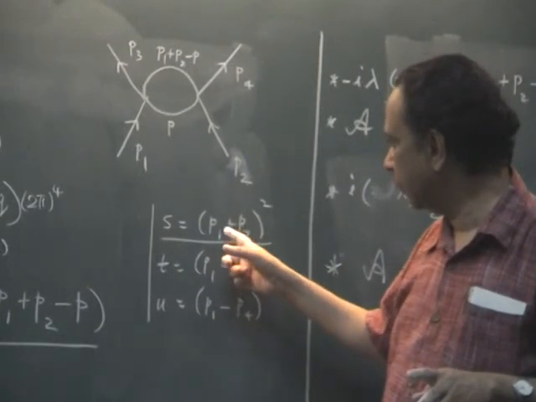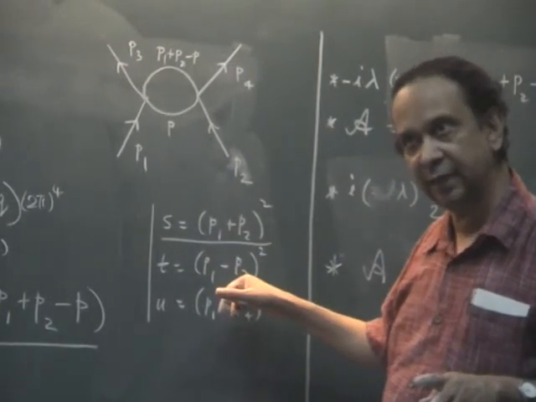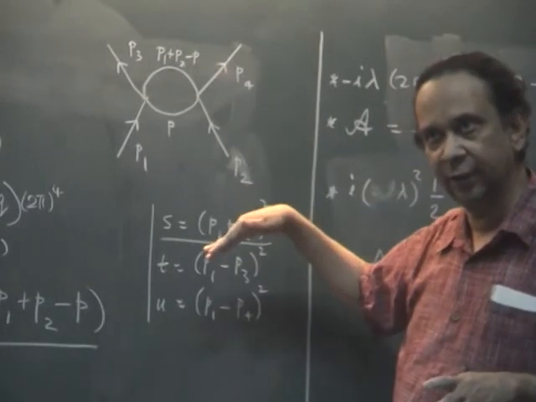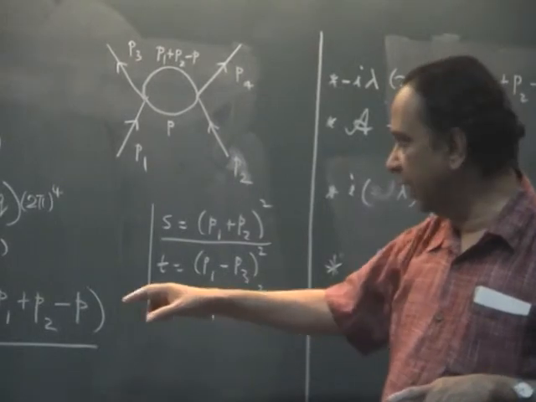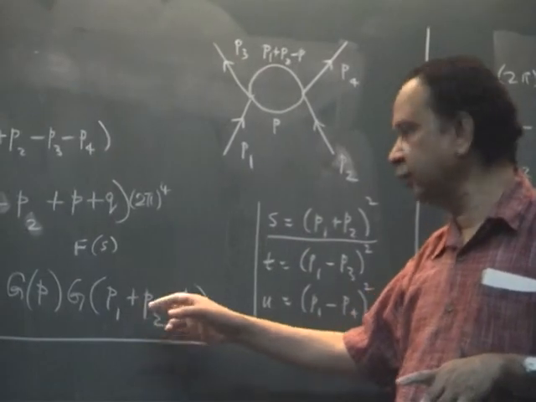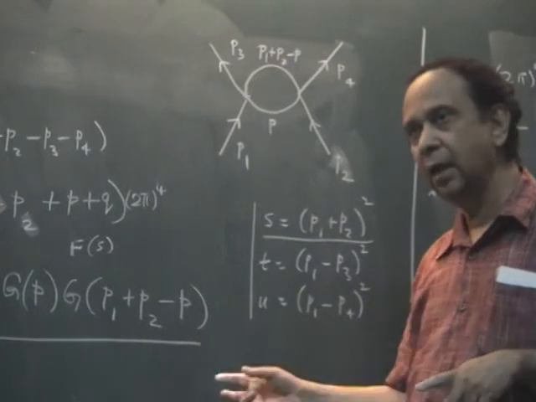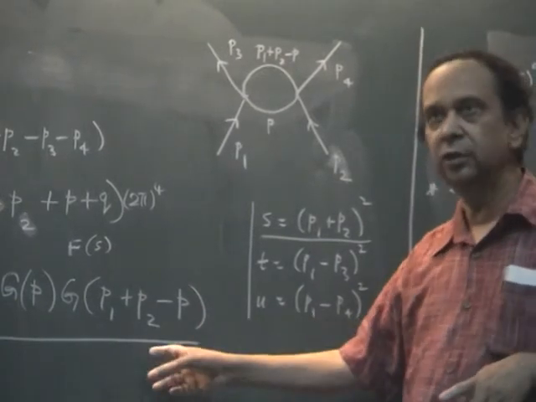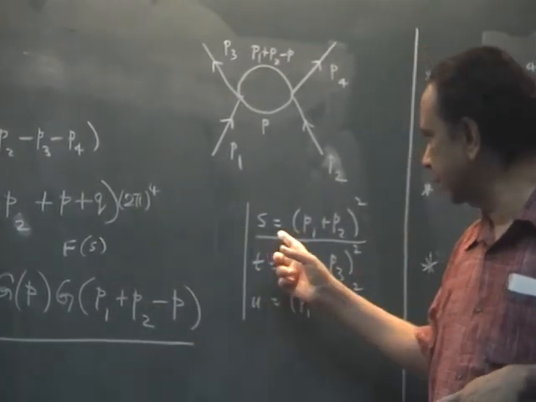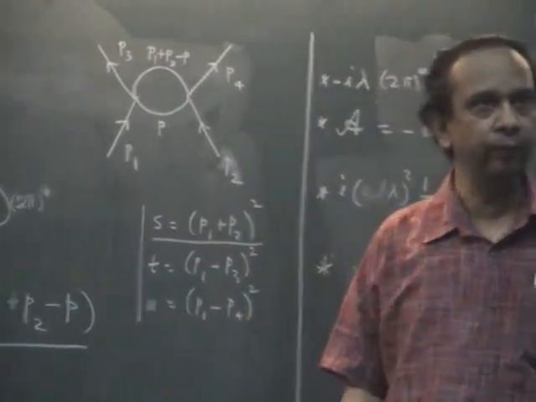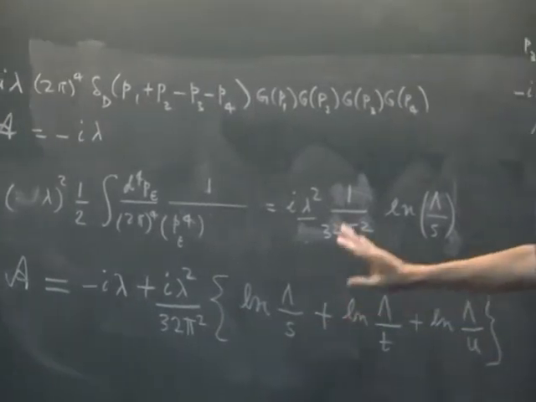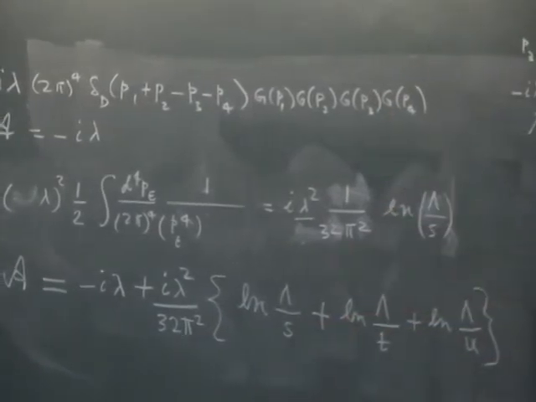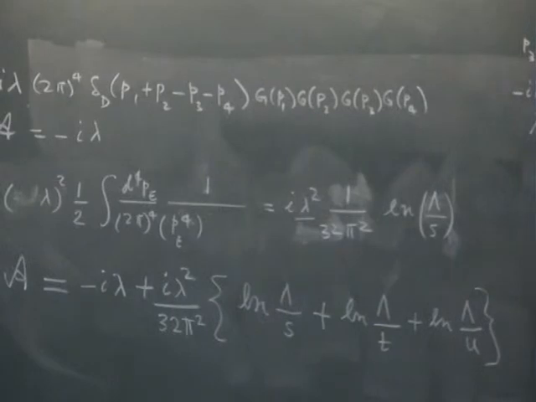That will lead to P2 being replaced by minus P3, because outgoing is being replaced by ingoing, or by minus P4. So the only difference is that instead of P1 plus P2, I would have got P1 minus P3, or P1 minus P4. So I will get the same answer with s replaced by t or u. So this is what we have, and as advertised it is infinite, because we are supposed to take lambda going to infinity. Okay.